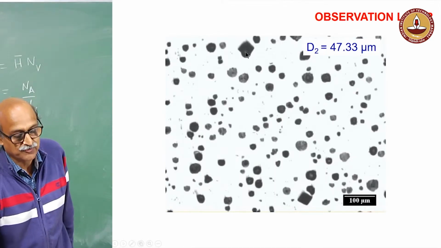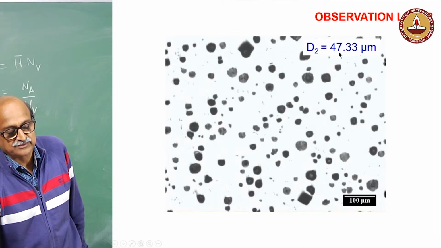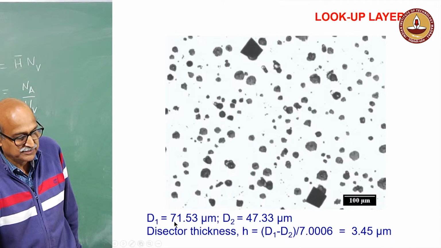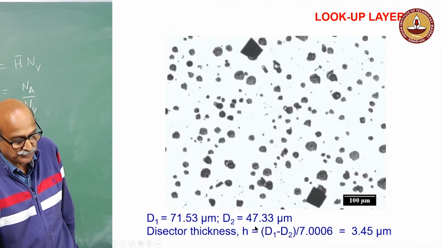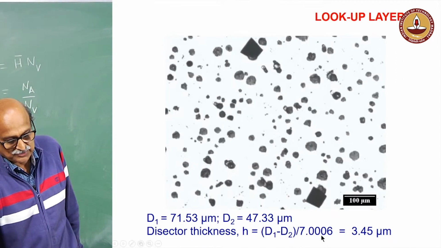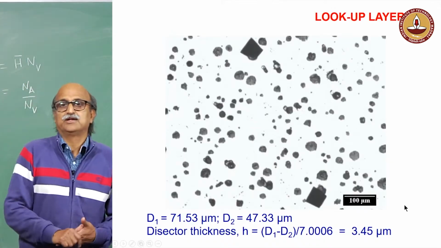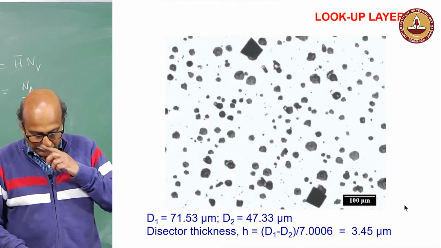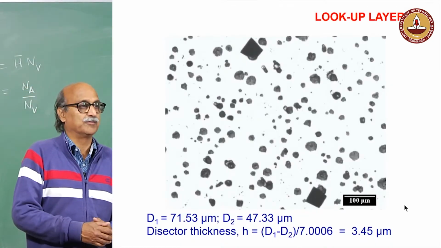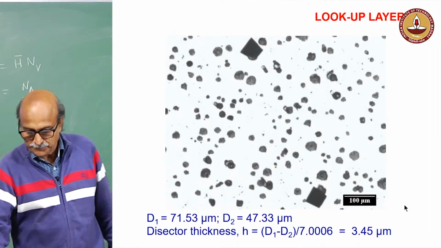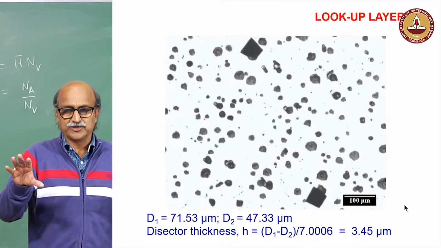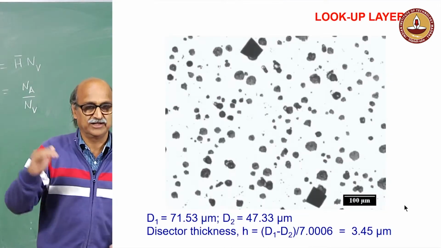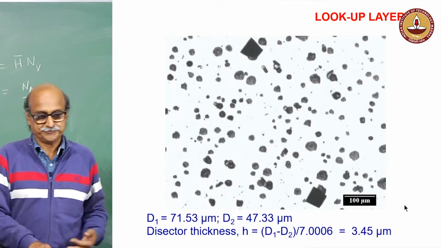So, before etching one would have measured it. So, here this diagonal length is 47 microns, for this the diagonal length is about 71 microns, and using this relationship we get spacing between the two sectioning planes as 3.45 micrometers, and this is done by measuring at least 7-8 indents, and an average value is obtained.